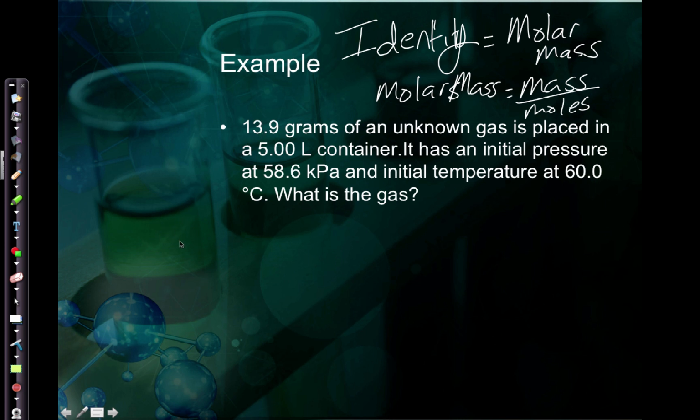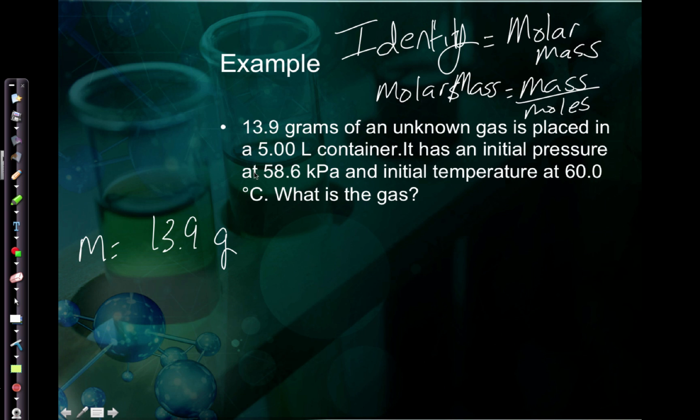It tells me that I have 13.9 grams of some unknown substance. Normally, in ideal gas law problems, you could say that this is the number of moles, but that's only if you know what the substance is. If you don't know what the substance is, you can't figure out the number of moles from this. So this is just a mass. In order to get the molar mass of the substance, I now need moles. Let's keep reading.